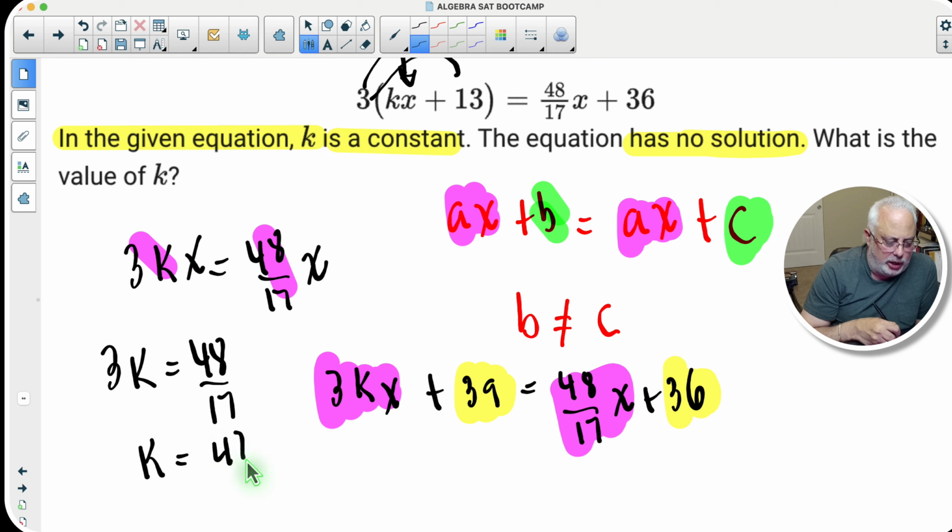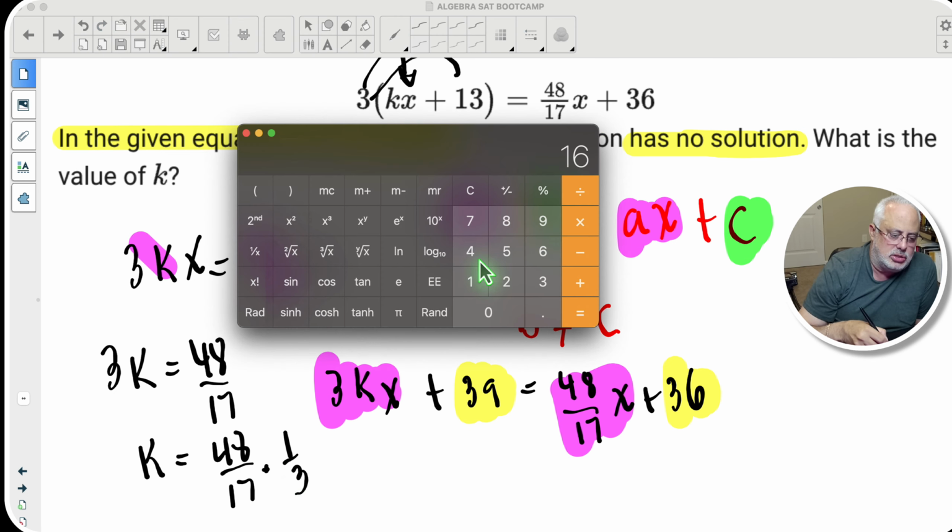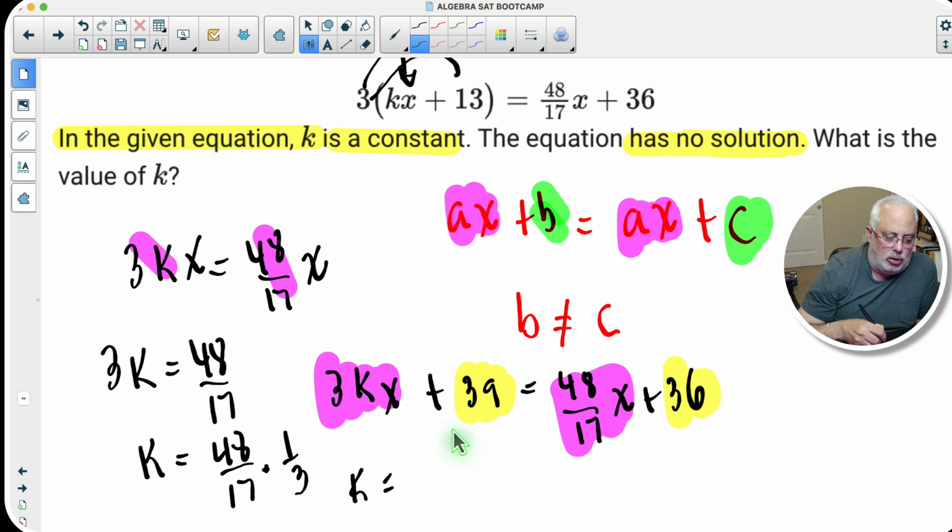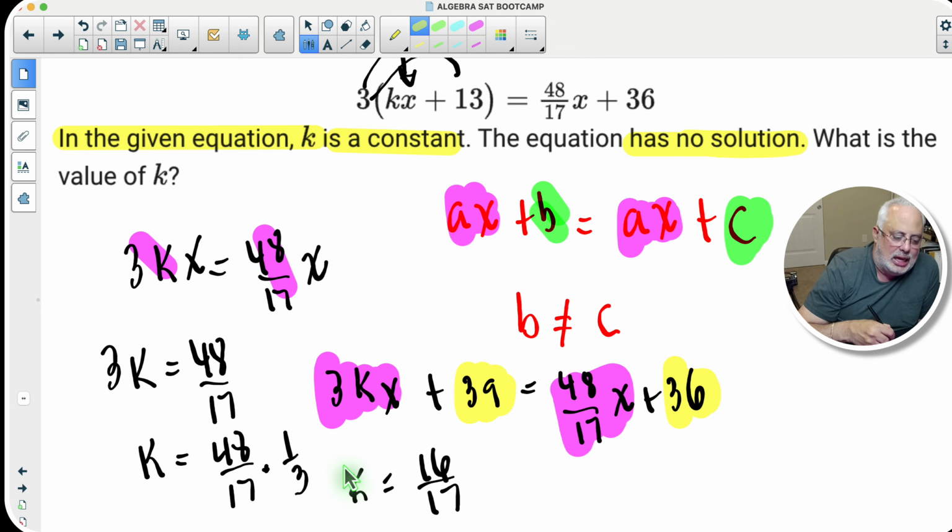So you have 48 over 17 times 1/3. And 48 divided by 3, you can use a calculator right here if you want to do it faster. So 48 divided by 3 is 16. So k here is equal to 16 over 17. And this is the answer for k.